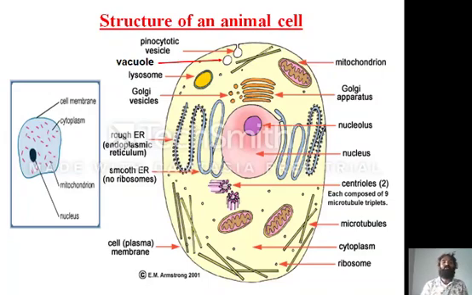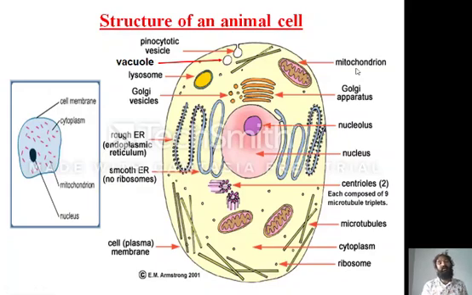Along with the vacuoles, the animal cell also contains lysosomes, Golgi bodies, endoplasmic reticulum, cell membrane, ribosomes, microtubules, nucleus, Golgi apparatus, mitochondria, etc.